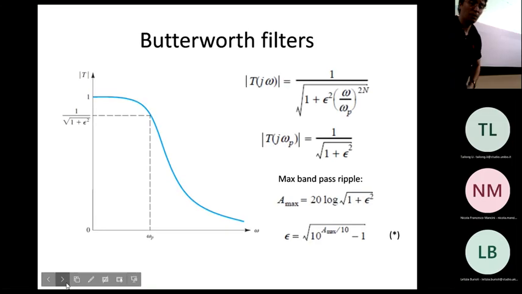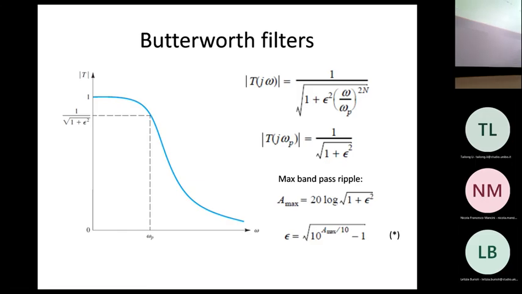Okay. So Butterworth filters are characterized by a transfer function like the one depicted in this formula. The idea is that there are two main parameters in the definition of this analytical formula: the order of the filter, which is capital N, and this parameter epsilon, which is somehow related to the characteristic of the transfer function.